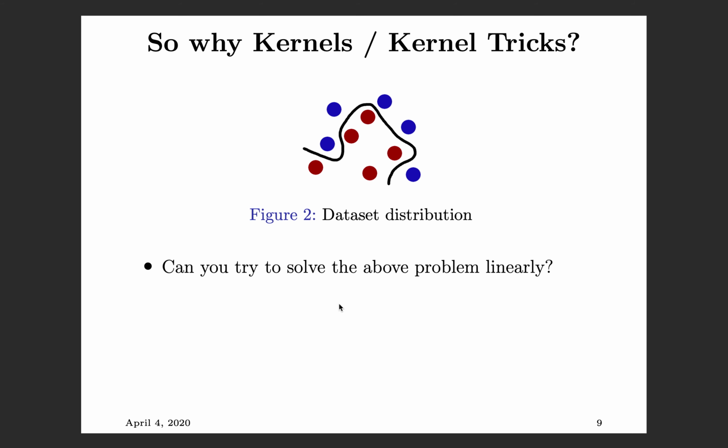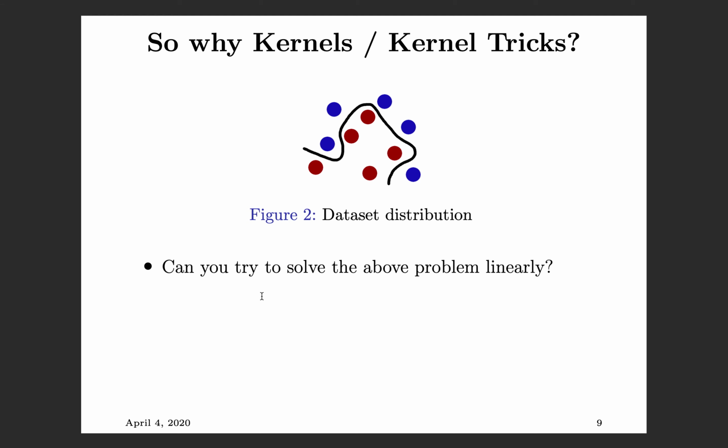Okay, so why do we need kernels? Kernels are used because you can see that this is a data set distribution where two classes of data are given, red and blue. You can see that the boundary or hyperplane is not linear here. So my question is, can you solve the above problem linearly? No, it is not possible.